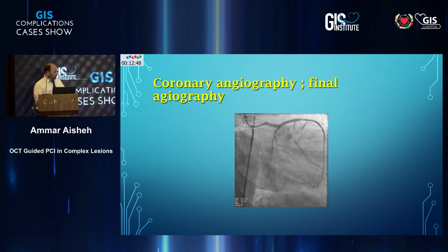In calcium, you can identify exactly the calcium, and you can get the depth of the calcium, and that is the superiority of OCT over IVUS in calcium. This is how we can differentiate between a thrombus or a high lipid profile lesion, a lipid core lesion, versus a calcific one. Great.